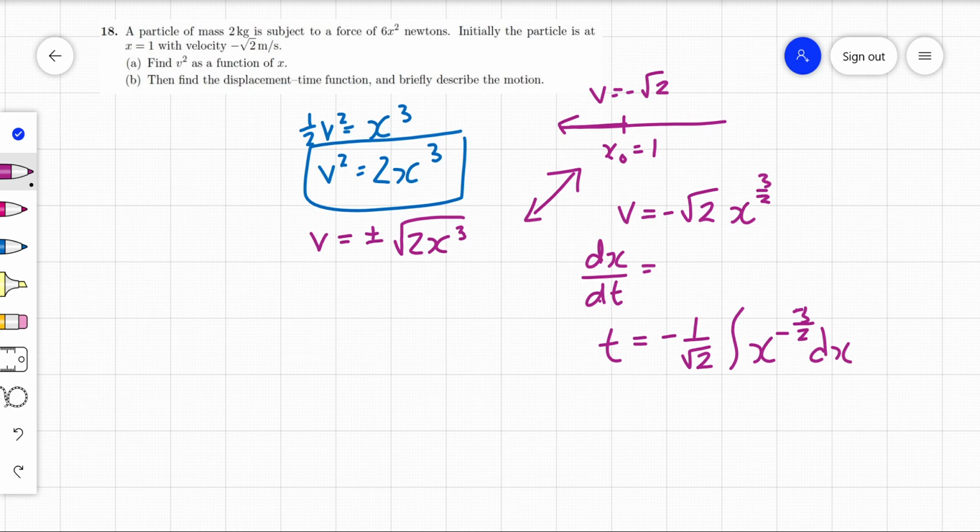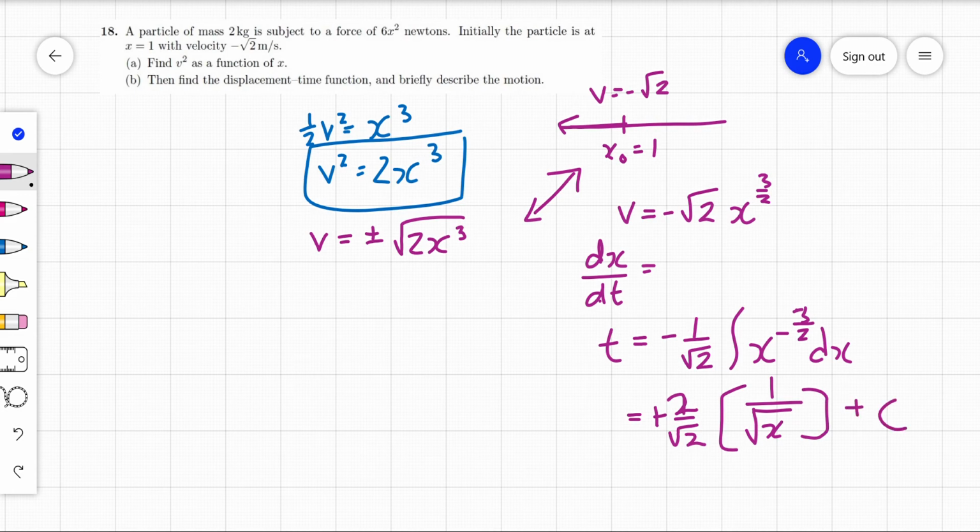Negative 1.5, if we add 1 we get negative 1/2, so this is x to the negative 1/2, and we're dividing by that negative 1/2, so we need to change that to a plus and that to a 2. It's an indefinite integral, so I'll put plus c.